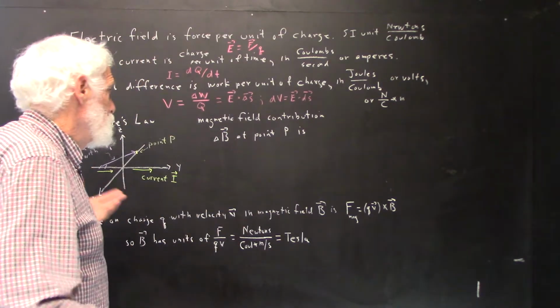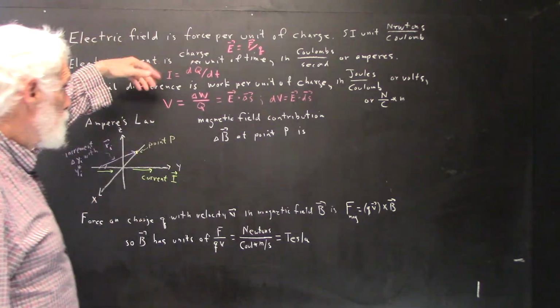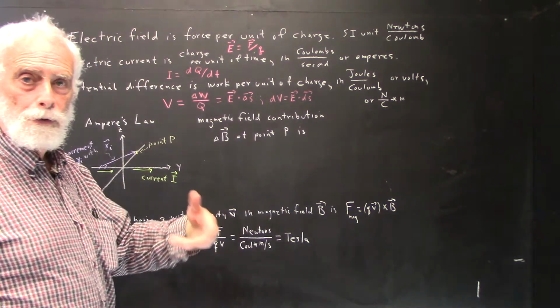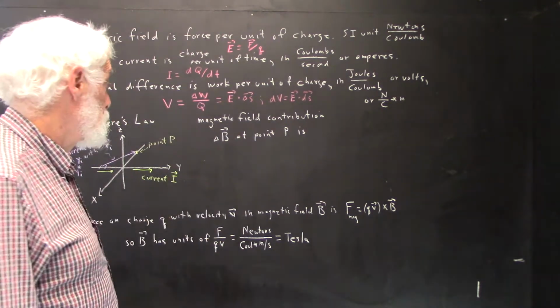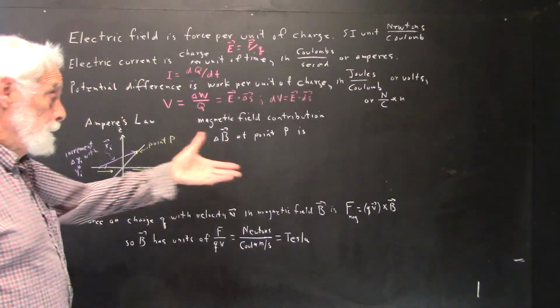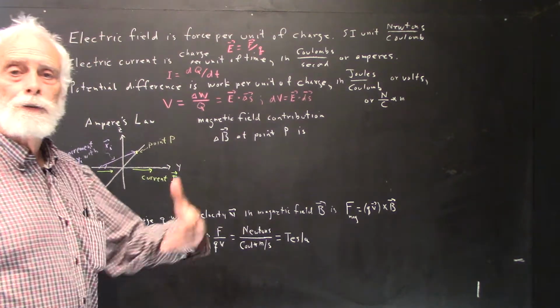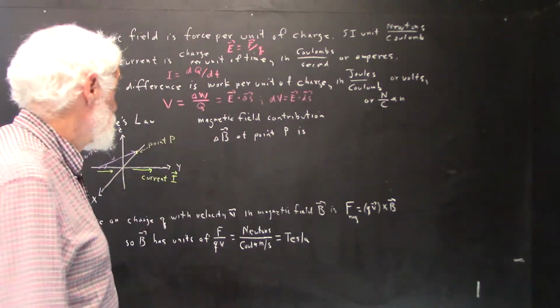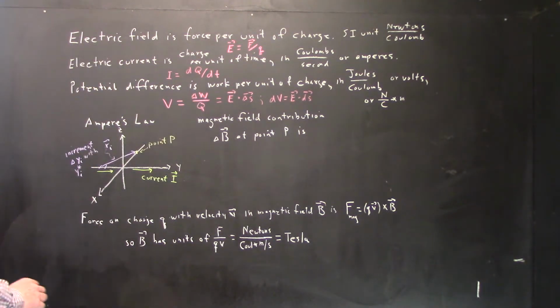Now, until you do some exercises with this, it won't all make sense. But we want to at least lay the foundations for understanding some of the stuff that you did with Maxwell's equations in the multivariable calculus course. One of the primary areas of application of multivariable calculus is electromagnetics, electromagnetic fields and so forth.